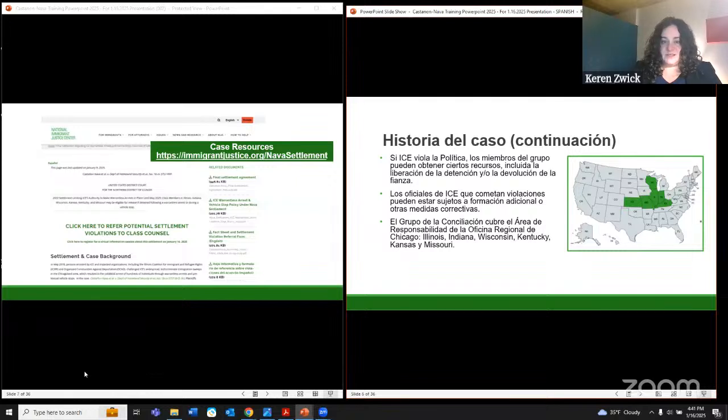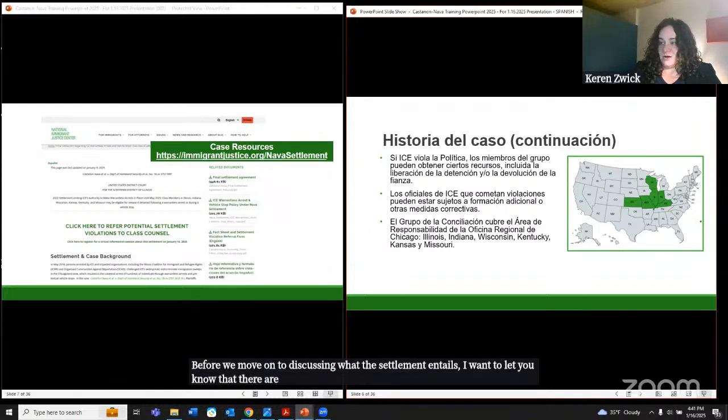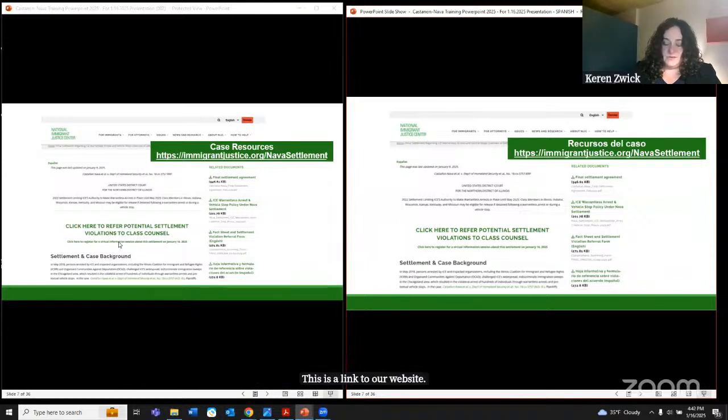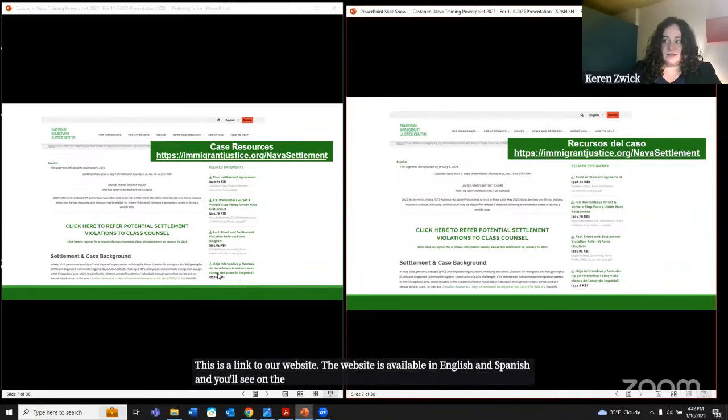Before we move on to discussing what the settlement entails, I want to let you know that there are many resources about this case on NIJC's website. This is a link to our website. The website is available in English and Spanish, and you'll see on the side here all of these different items, including the warrantless arrest policy, the national policy that is a result of the settlement. The settlement agreement is there.